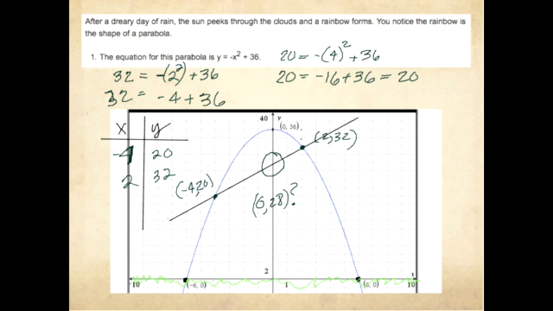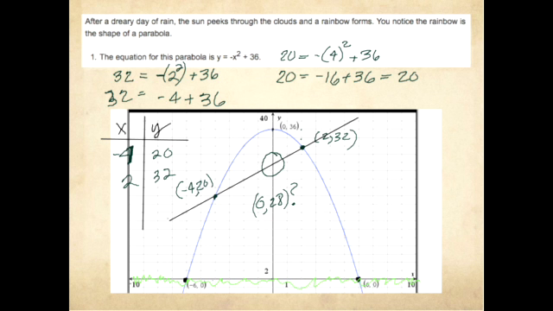Now, we have to find 2 other points. Not 2 other points that are on the parabola, but 2 other points to put in our table, because the directions say the table of values needs to have 4 points in it.